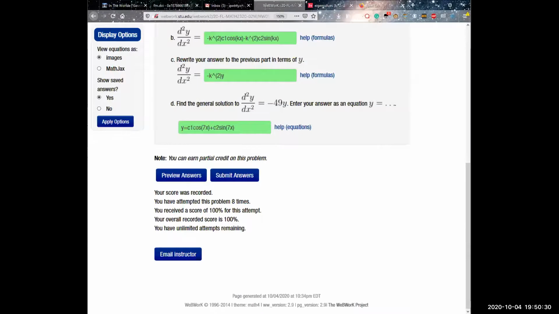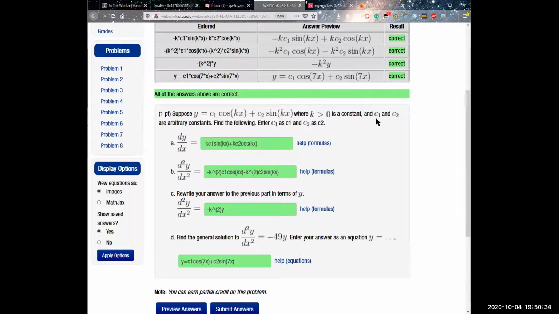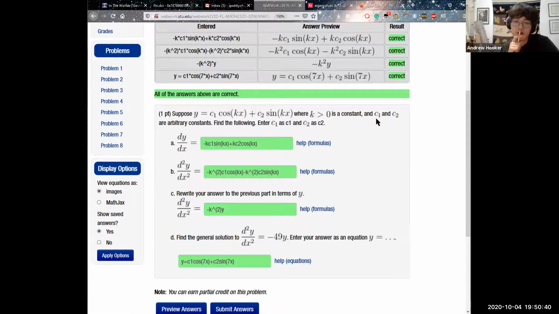Do you remember, this is a complex root. This is not a distinct real root. Do you remember talking about that one? Yeah, I remember you mentioned that, but I don't quite know about the distinct real roots, repeated roots, or complex roots.